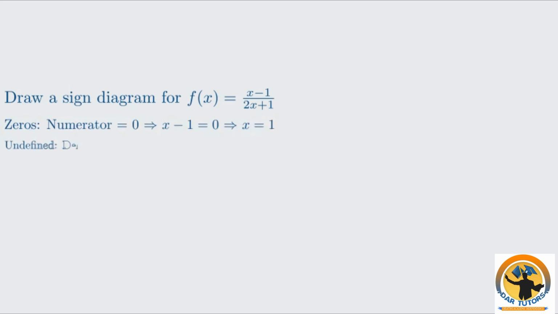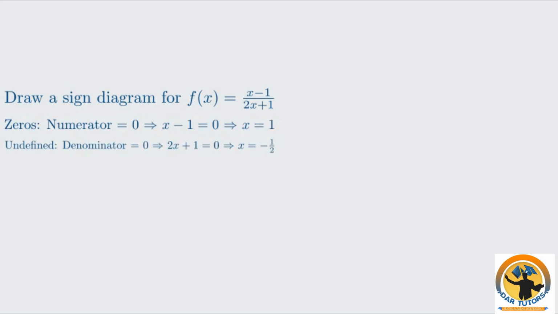Let's apply this to a rational function, which is a fraction where the numerator and denominator are polynomials. We want to draw a sign diagram for f of x equals the quantity x minus 1 divided by the quantity 2x plus 1. For rational functions, we have two types of critical points, zeros and undefined points. The function is 0 when the numerator is 0, so x minus 1 equals 0, which means x equals 1.